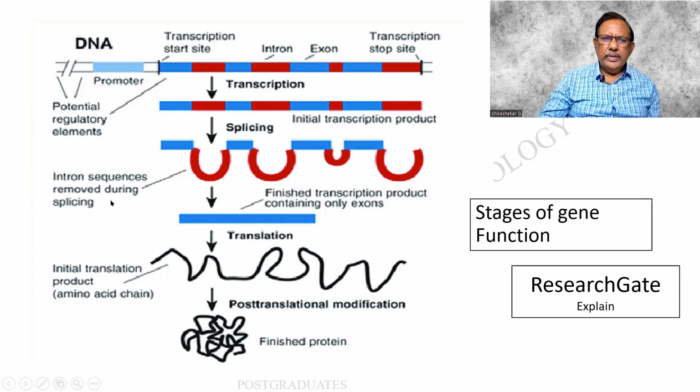The intron sequences are being removed during this splicing. Finally, you get only the complete and perfect finished products of the exons. And this can undergo a bit of translation, a modification. Finally, you get the completed protein. So these are the stages of a gene function, thanks to ResearchGate.